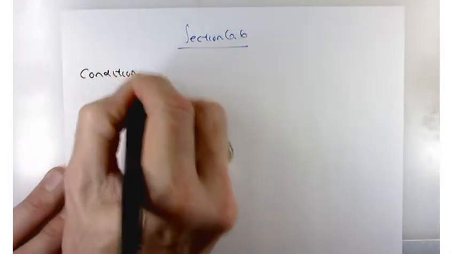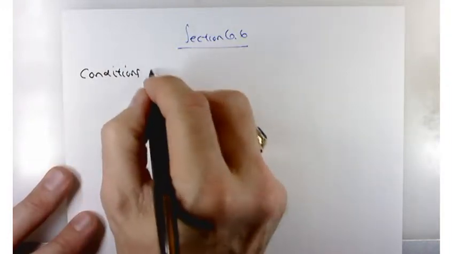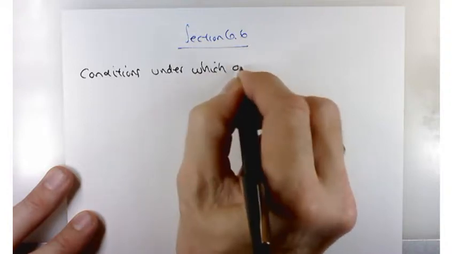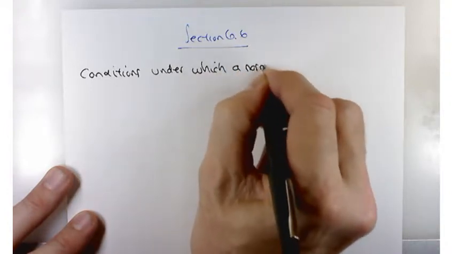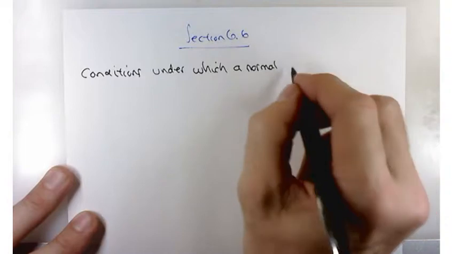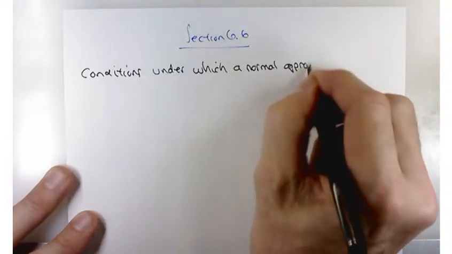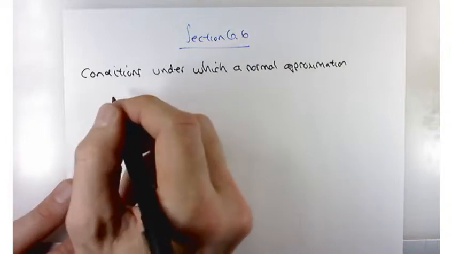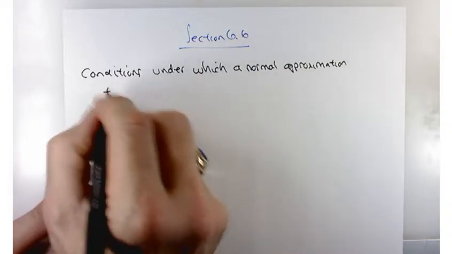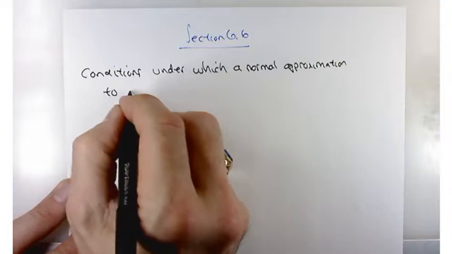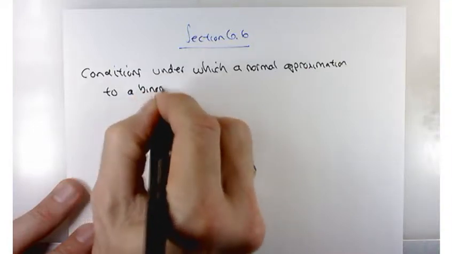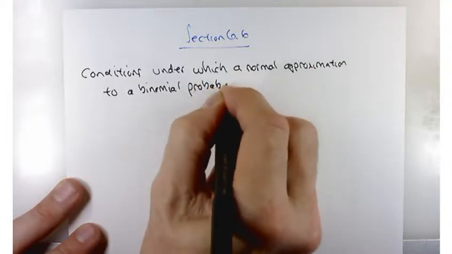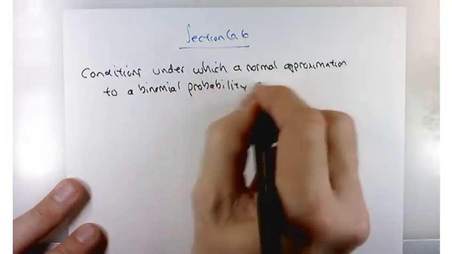Conditions under which a normal approximation to a binomial random variable, or to a binomial probability, can be made.